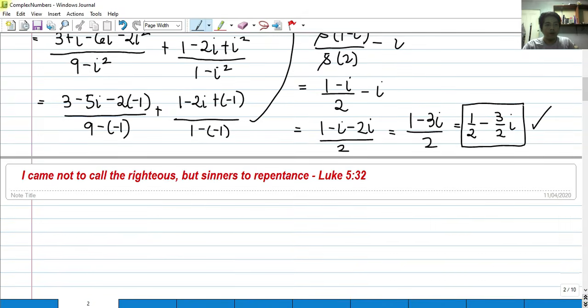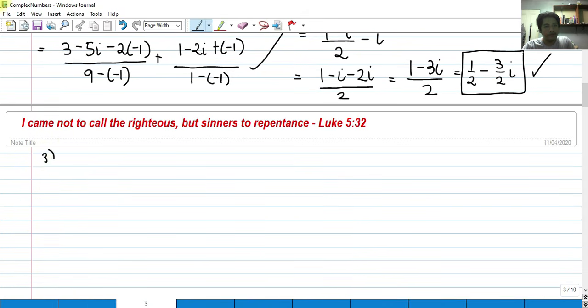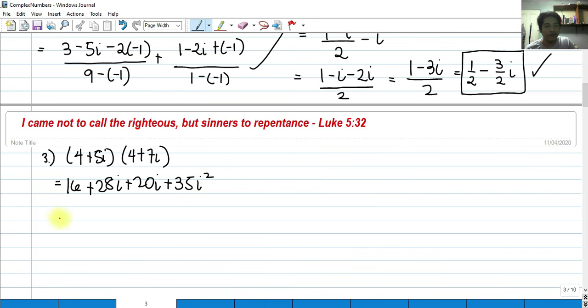For our problem number 3, we have the quantity 4 plus 5i multiplied by 4 plus 7i. By FOIL, we have 16 first, outer, we have plus 28i, inner, 5i times 4, that's plus 20i. Then we have 5i times 7i, that's plus 35i squared.